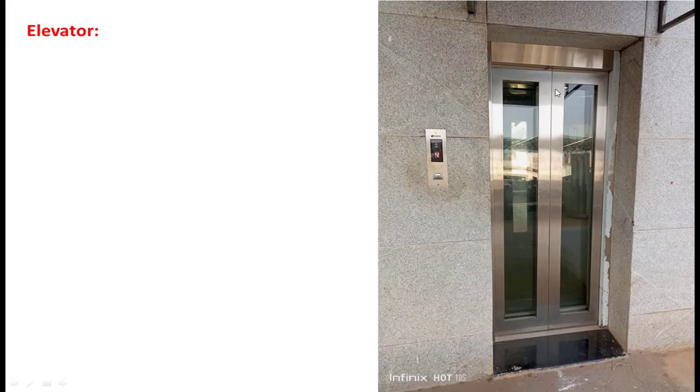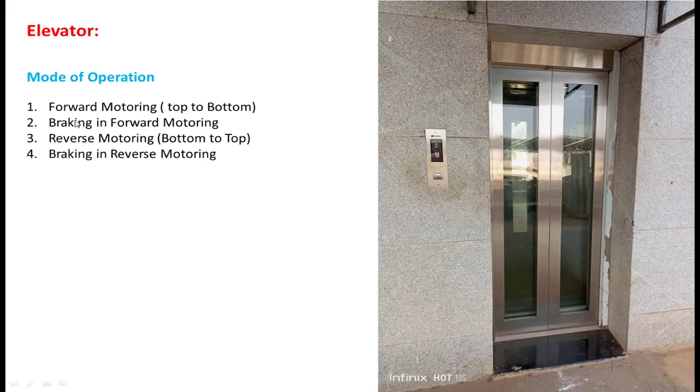Now come to the different modes of operation of the lift. Forward motoring: during forward motoring, the cabin comes from the top to the bottom. Suppose a passenger is going from the fourth floor to the first floor or ground floor, then the motor should be operated in forward motoring. While traveling, if you want to stop at any floor, you have to apply the braking. That is braking in forward motoring.